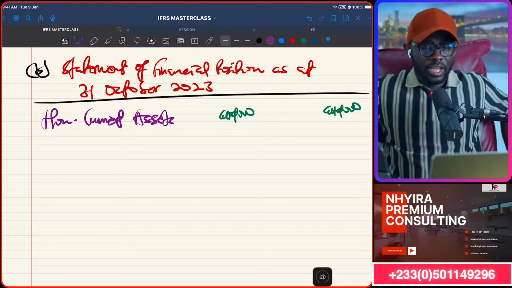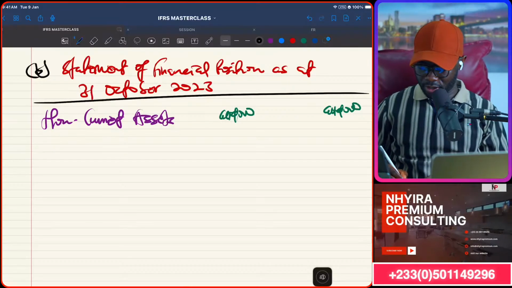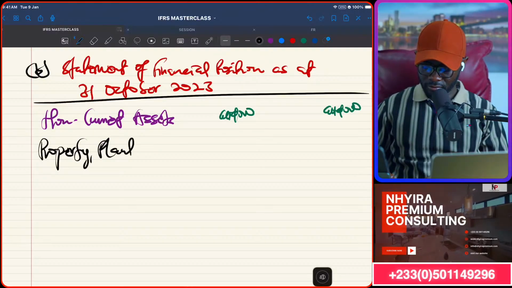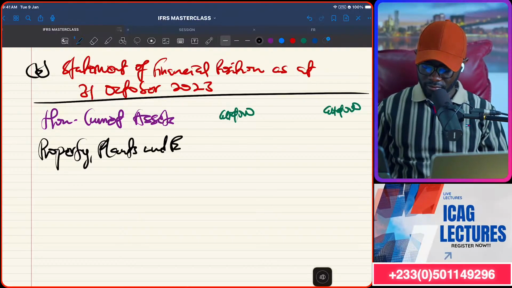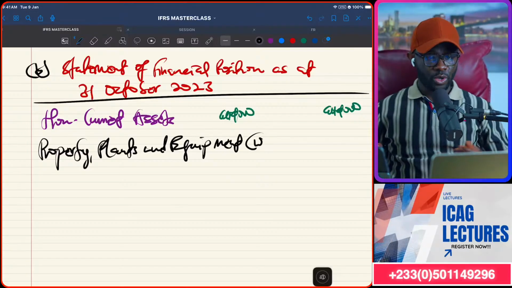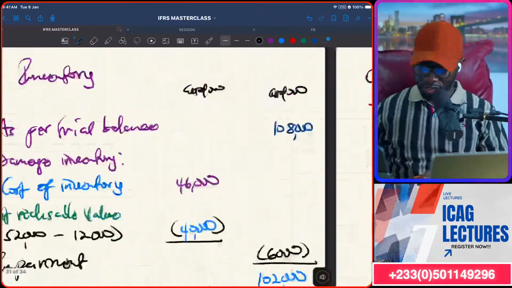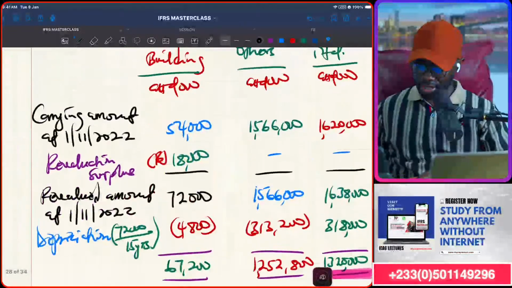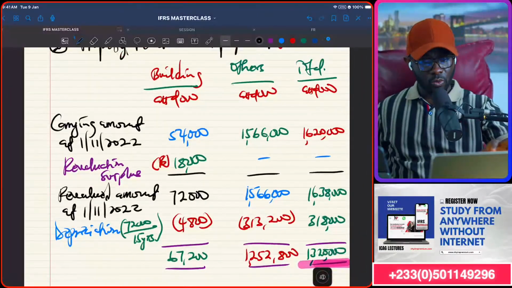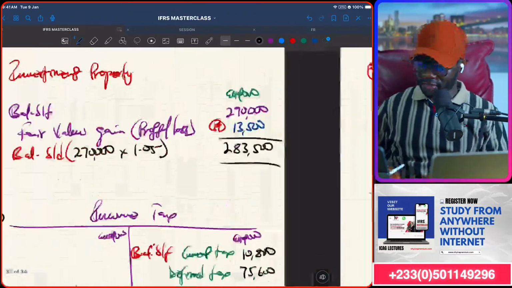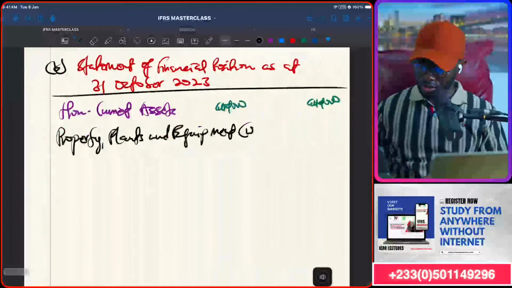So under non-current assets, we bring property, plant, and equipment. We worked for this, so let's go pick it up from working 2. If you remember, 1,320,000. So that's going to come here.